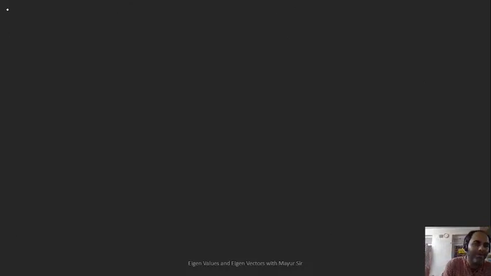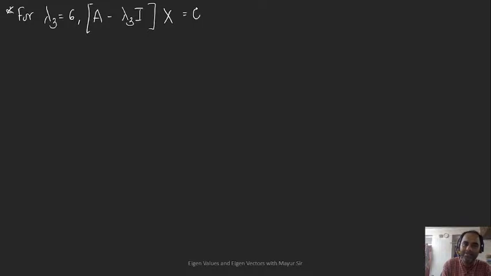So now for lambda 3, what is lambda 3? We have it as 6, right? So lambda 3 is 6, then A minus lambda 3 I operated on capital X is 0. So now A minus 6I times capital X is 0.